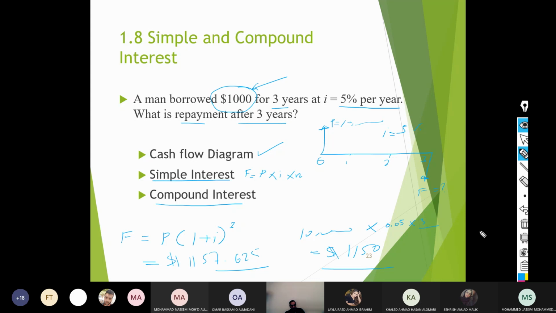Because in the end you are committed for 700. Okay. I don't think it is right. I think the one that is 1,157 is the right one. You cannot have this big number. You need to recheck. Again, P, my 1,000, 1 plus I.